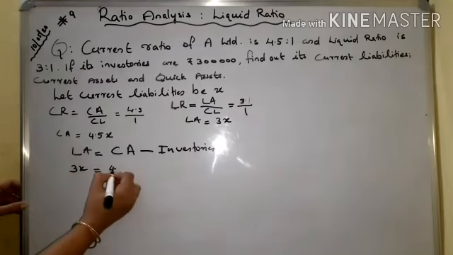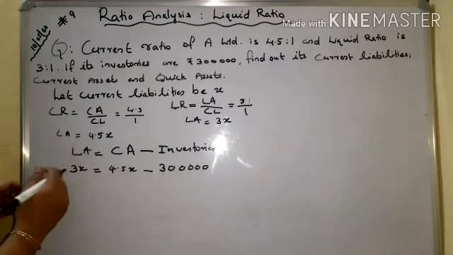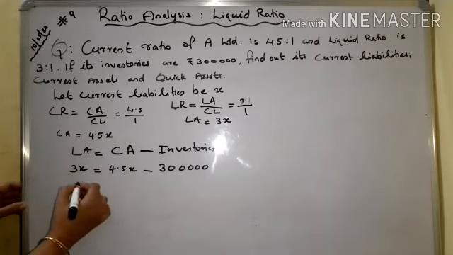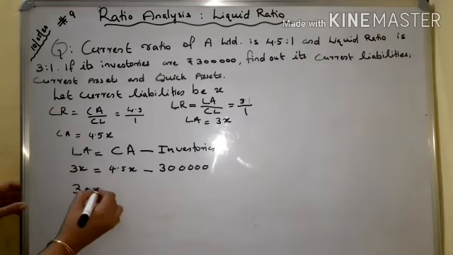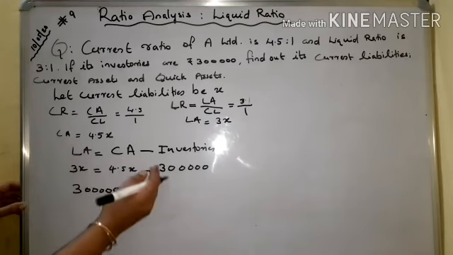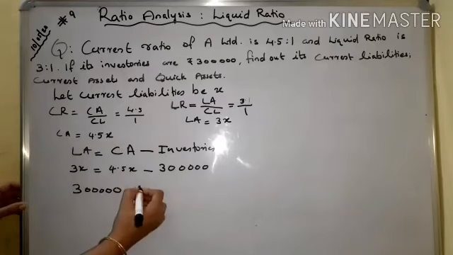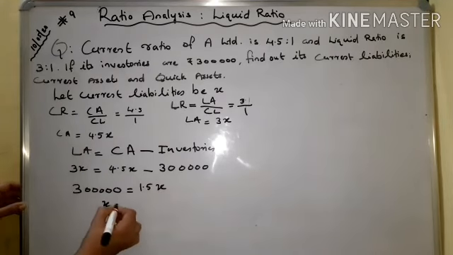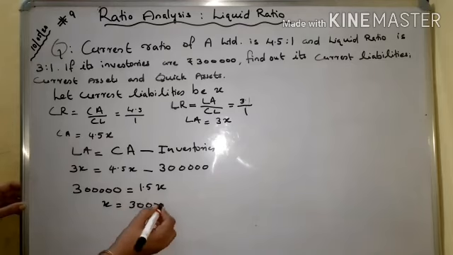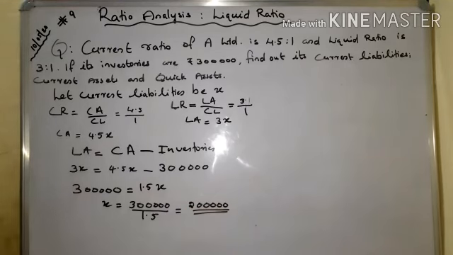Moving this to the left side, 3 lakhs is equal to 4.5x, and this 3x comes to this side as minus 3x. 4.5x minus 3x is 1.5x. Then x is equal to 3 lakhs divided by 1.5, that means 2 lakhs. So x value is 2 lakhs.